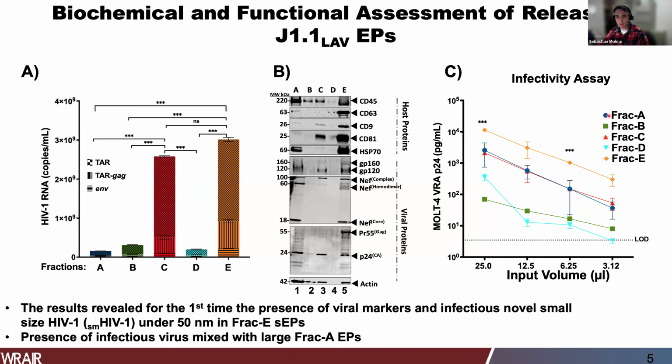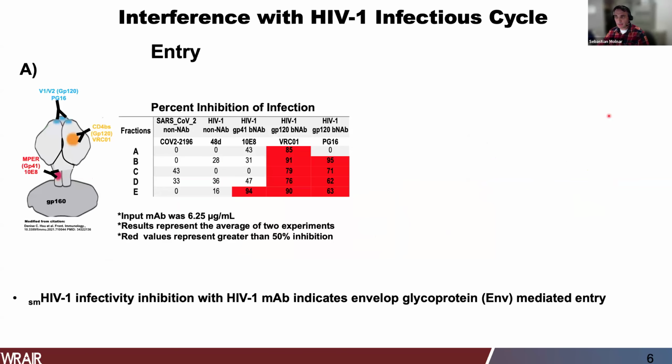Then we asked whether we can block the entry of the virus into the target cells. To this extent, we used HIV-specific monoclonal antibodies that target different regions of the envelope surface glycoprotein: the MPER region, the CD4 binding site, and the top, the V1/V2 region, which is present only when the trimer is fully formed.